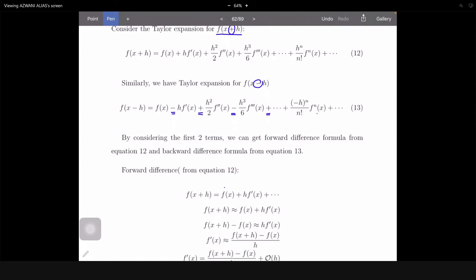Next, by considering the first 2 terms, this and this, the rest are set as the order or the error term.